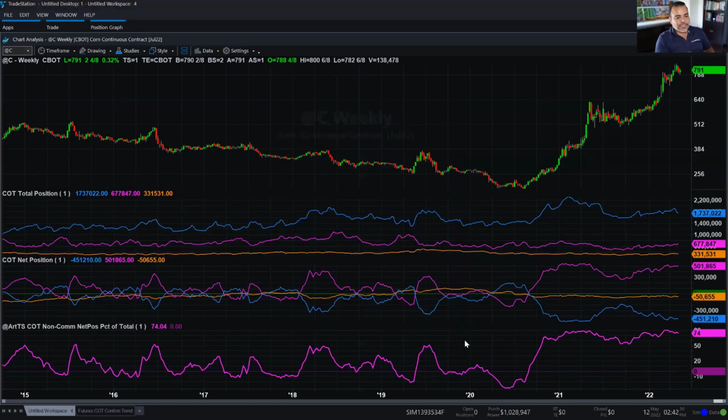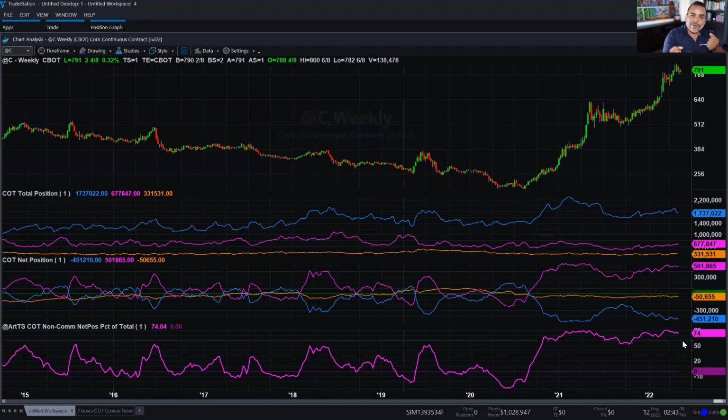Okay, so that magenta line that you see at the bottom is only representative of the non-commercials. I used the same color so you can make the connection, but you can see right here that it has a value of 74. What does that mean? That's a percentage. It means that out of all the 677,847 contracts that the non-commercials are holding, 74% are long.